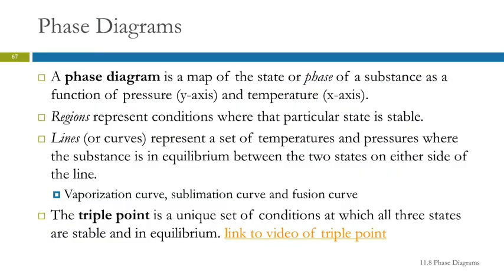So the regions represent conditions where that state is stable. The lines, which are typically curves, represent a set of temperatures and pressures where that substance is in equilibrium, where it's undergoing a transition. And then we have what's called the triple point, and that's a unique set of conditions in which all three states are stable and in equilibrium.